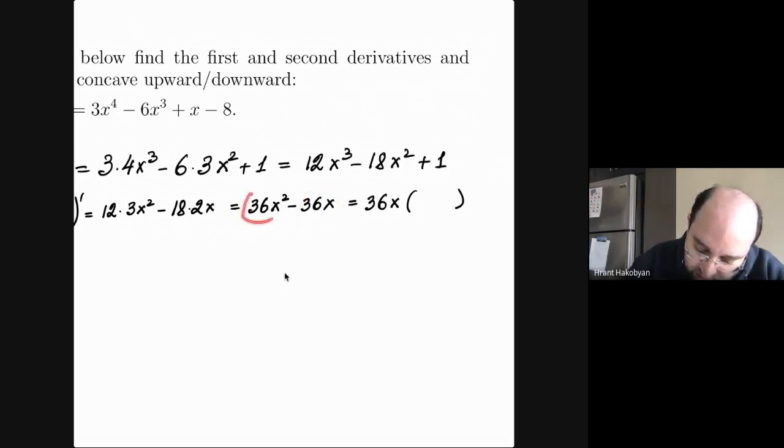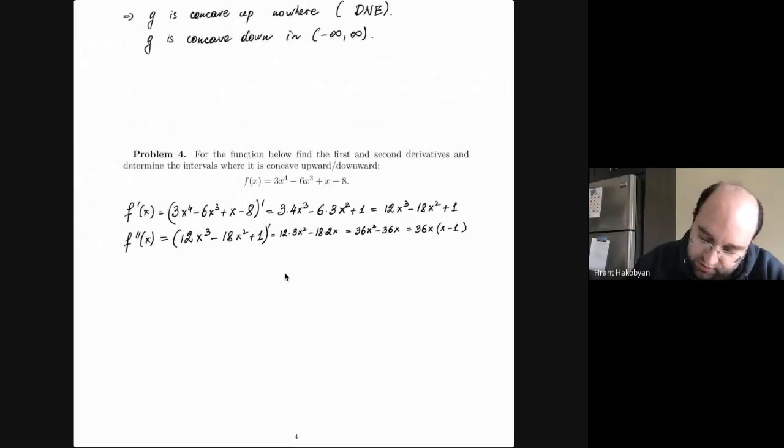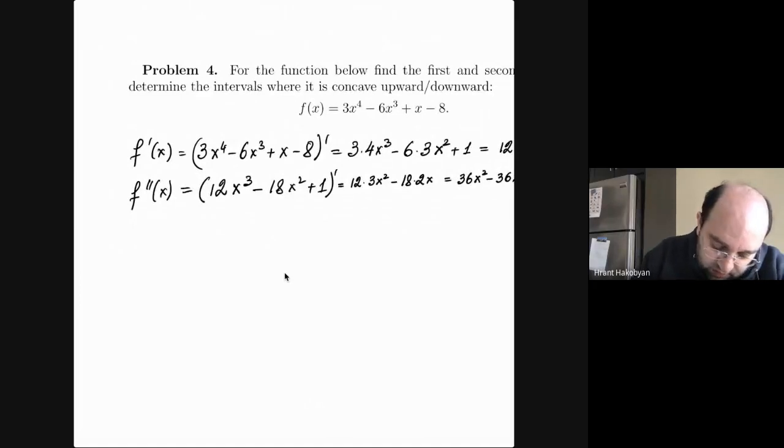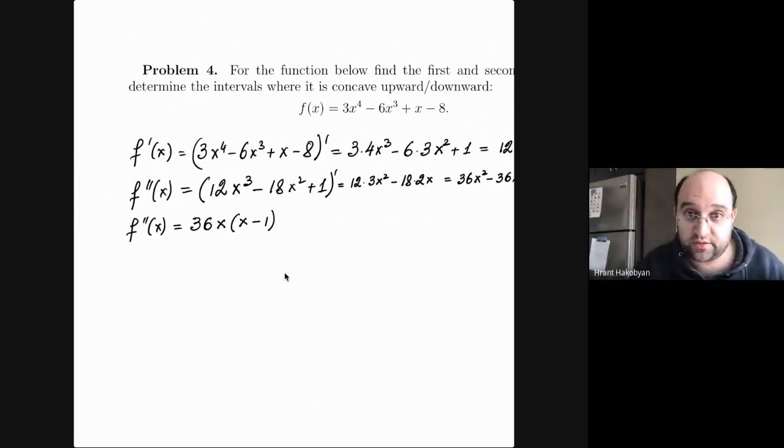And from here, I have x squared, so one of the x's factors out and another one stays inside the parentheses. So I can write x minus 1. So that's my second derivative. Let me write it again: f double prime of x is equal to 36x times x minus 1.